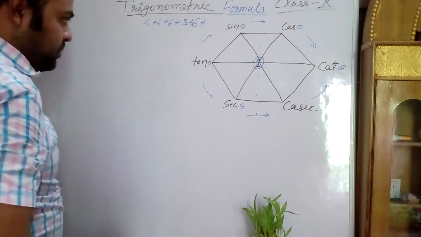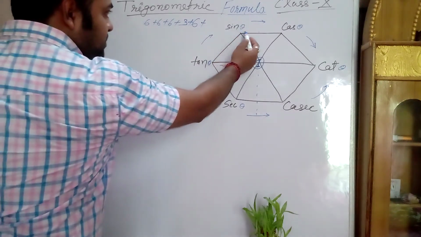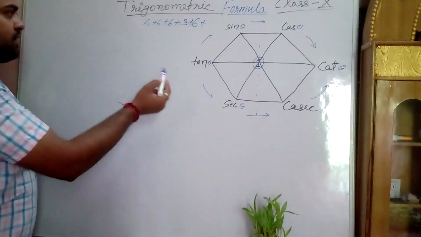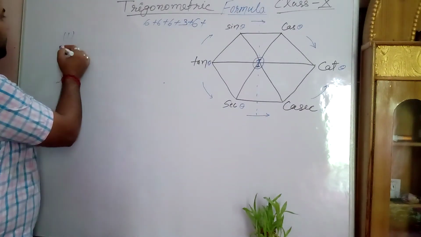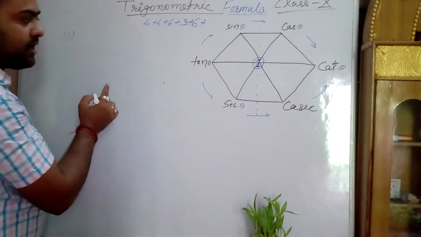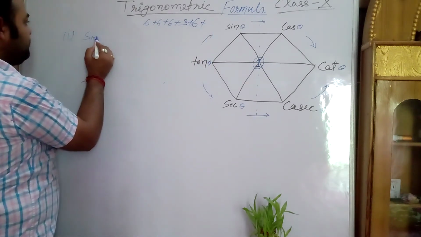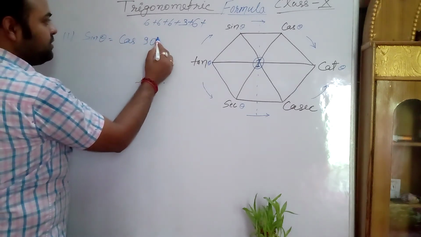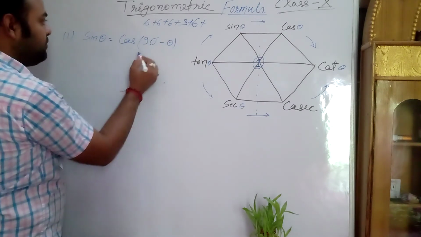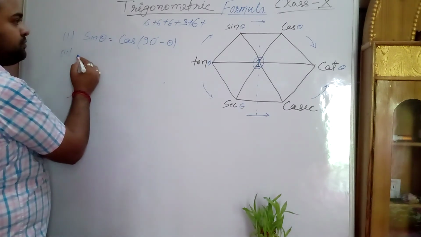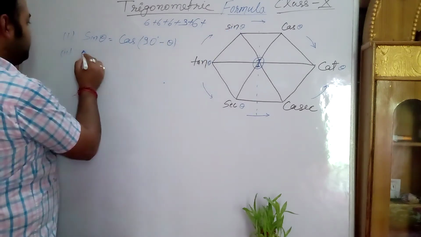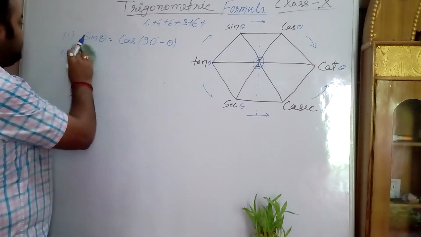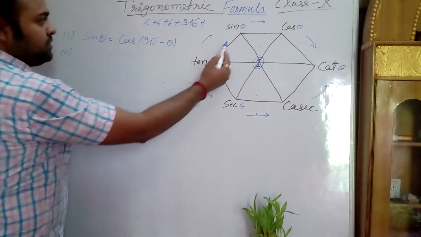Now, by using the complementary angle, we take here the horizontal line. We get 6 more formulas by using the complementary angle.